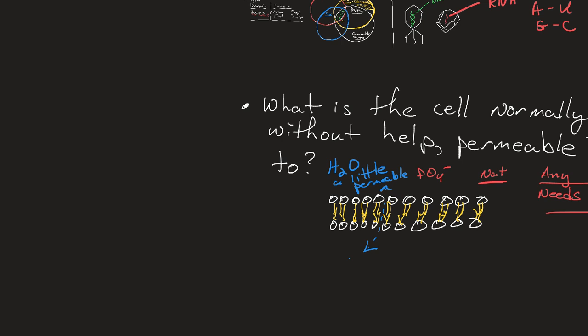That's not new to anyone here, I hope. I hope that everyone here recognizes that sugar and proteins don't get through. They need help. None of these get through without help.